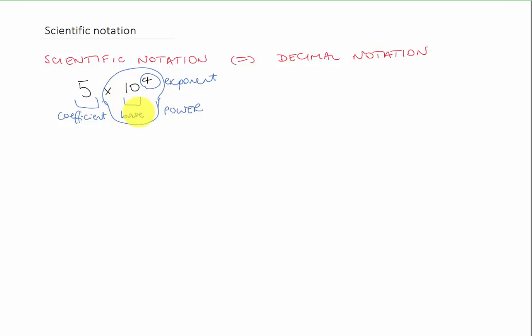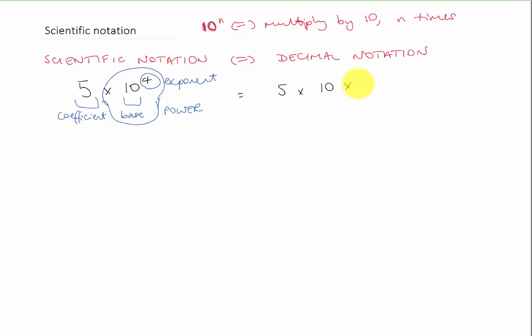Okay, so 10 to the power 4, what does that mean? So we've got 10 to the power n, that's equivalent to saying that I multiply the coefficient by 10 n times. So in this example, that's the same as saying 5 times 10 4 times.